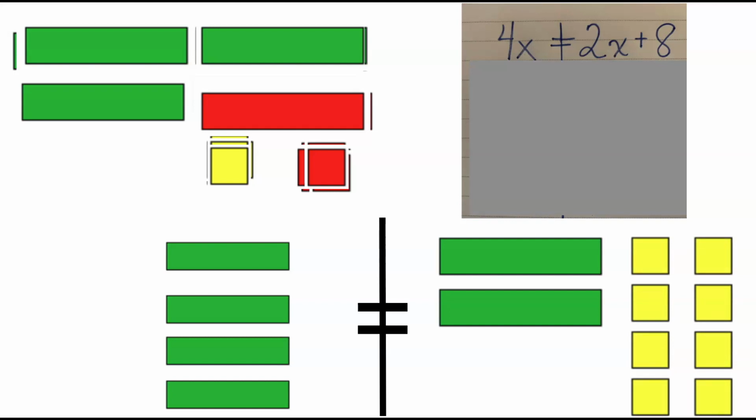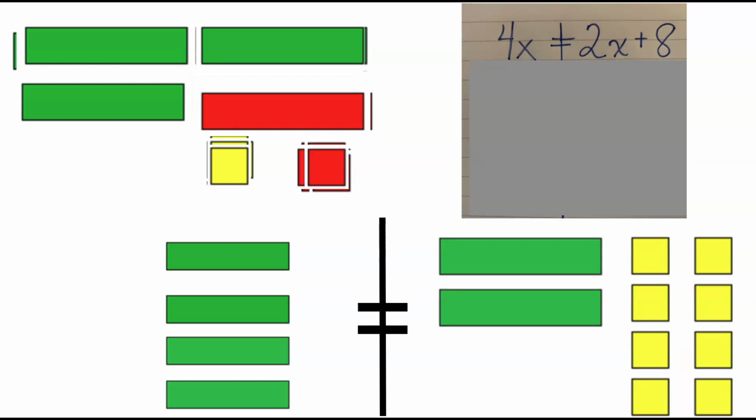Once we have our equation built, we would talk about how we would like to find the value of just 1x by itself. Here we talk about whatever we do to one side, we must do to the other side to keep our balance in check. Because our x's are both the same color, we can remove them and not alter the balance at all.